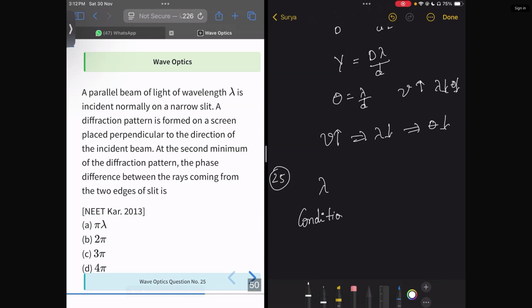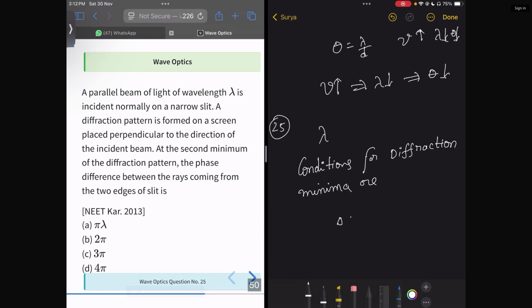Conditions for diffraction minima: the path difference should be n lambda and the phase difference should be 2 n pi.